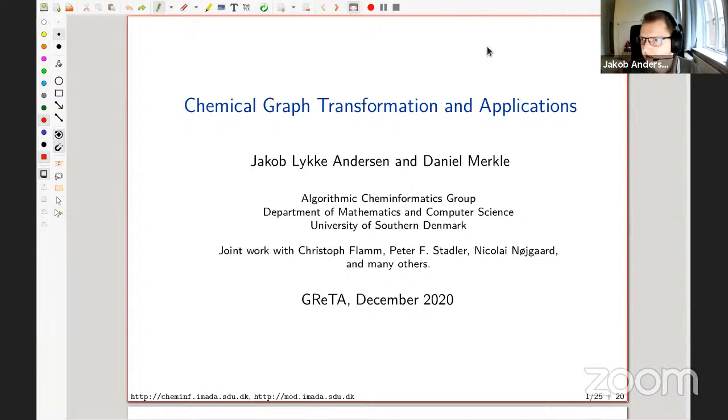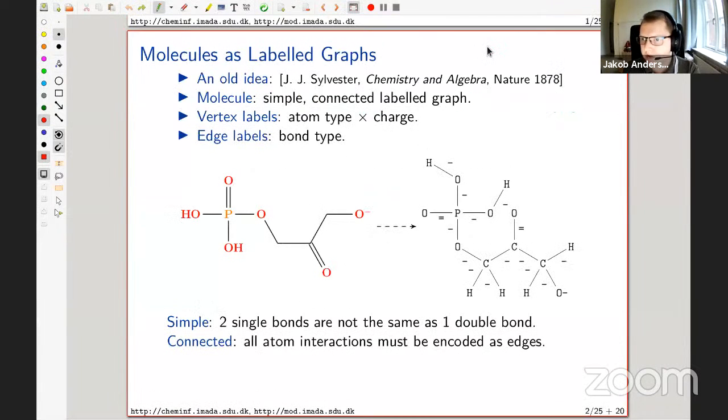So if I can get this window to work. Yes. Actually, the core of this, the basic model, is really old. Back in the 1800s, Sylvester invented the word graph in connection with modeling chemistry. So that's the basic idea we start with: a molecule is a simple connected labeled graph.